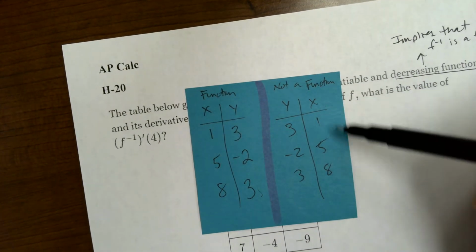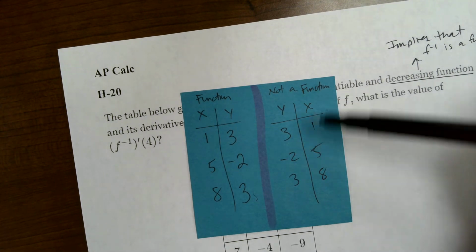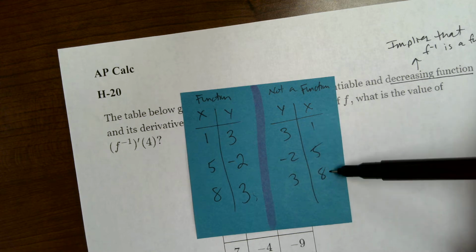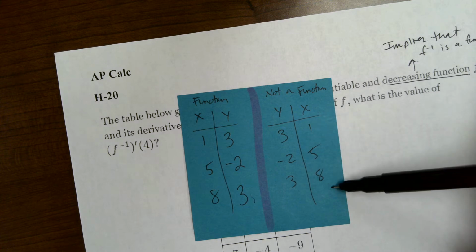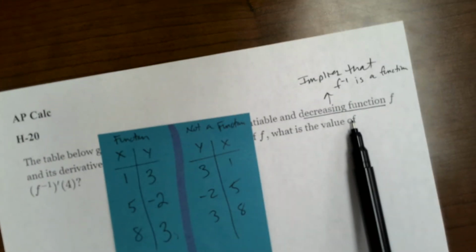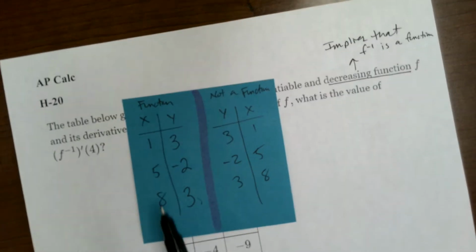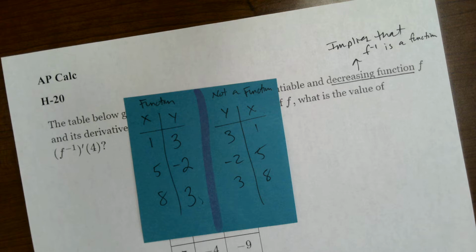Now this inverse is not a function because the x value 3 corresponds to two outputs, 1 and 8. So when they say a decreasing function, that is just implying that even if you switch the domain and range, you would still have a function to deal with.